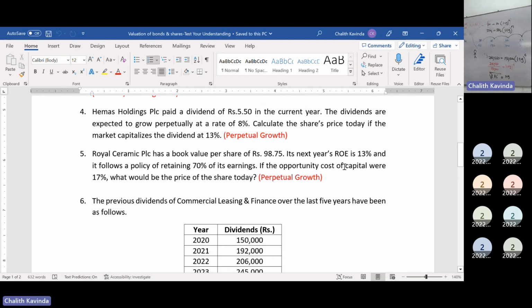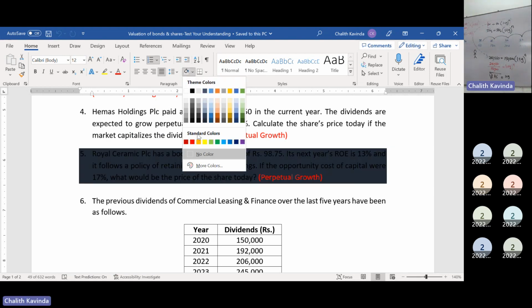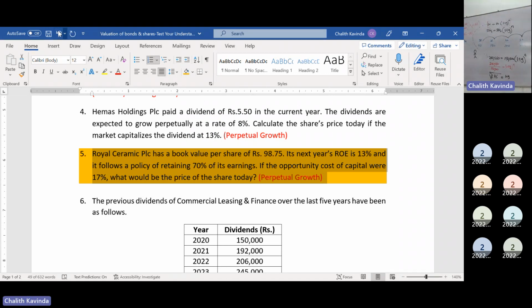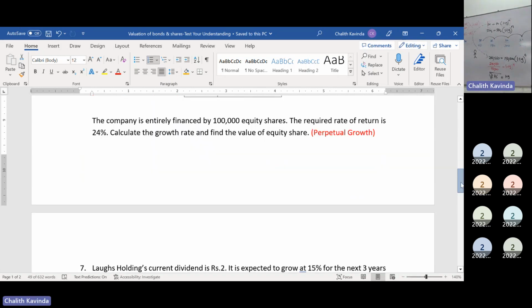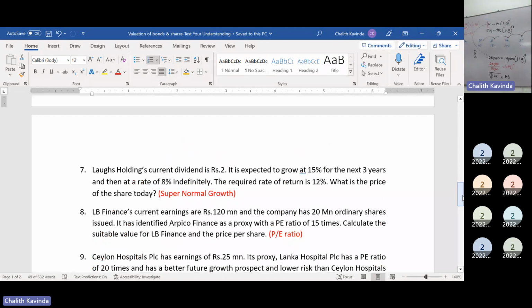So please note that question number 5 is for your homework. Please attempt it on your own. Okay. So now we have discussed something called supernormal growth.